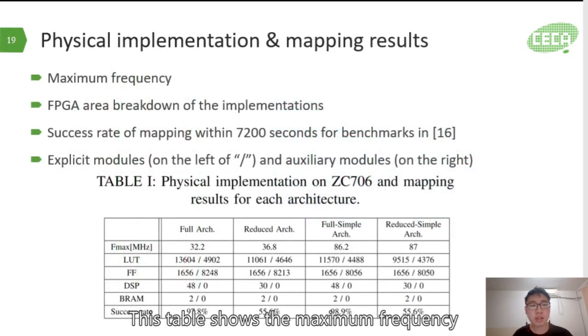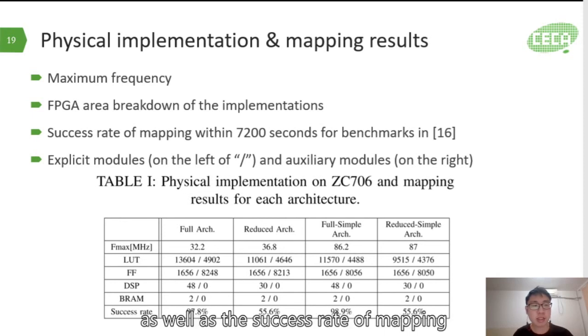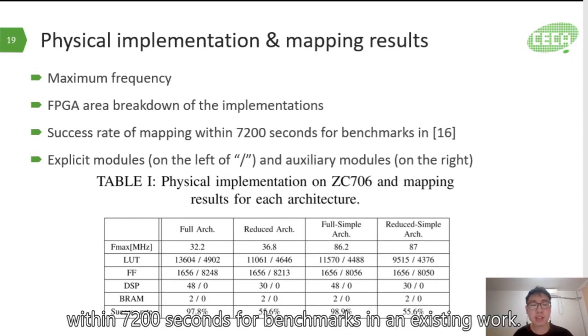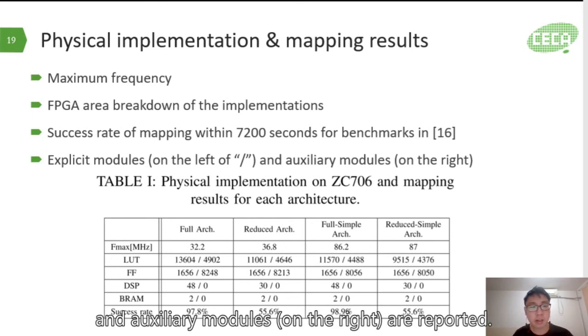This table shows the maximum frequency and the FPGA area breakdown of the implementations, as well as the success rate of mapping within 7,200 seconds for benchmarks in an existing work. The resource usage of both explicit modules and auxiliary modules are reported.